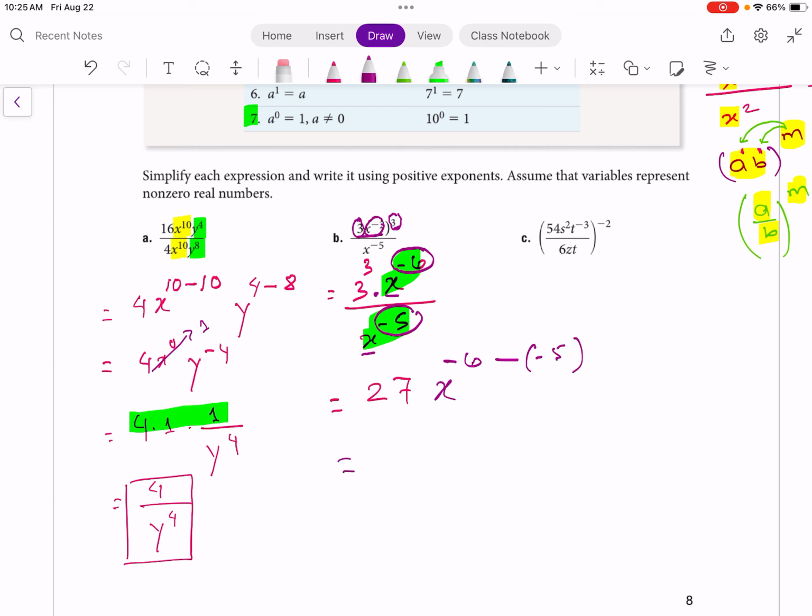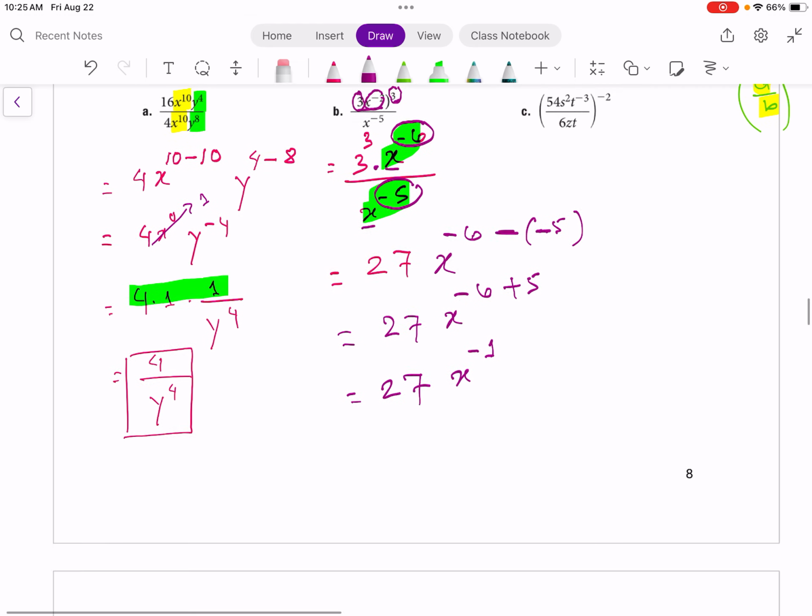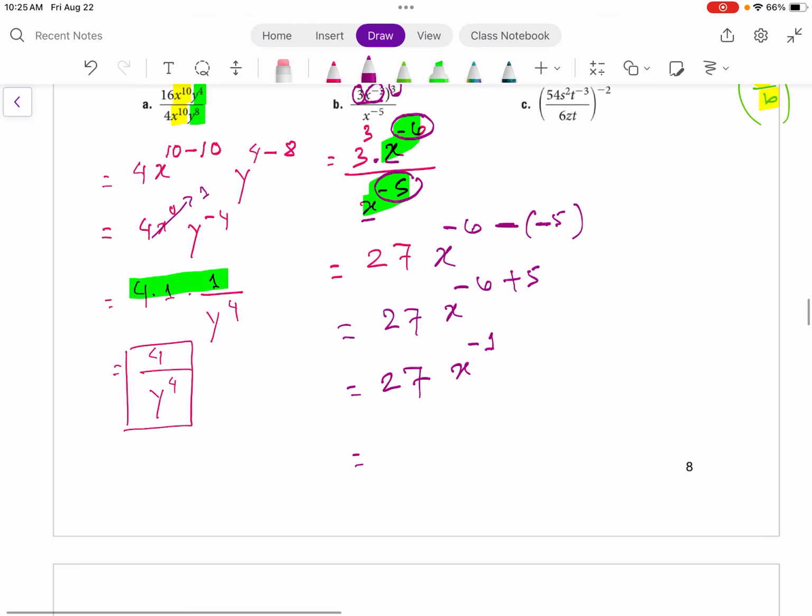This is 27 x to the power minus 6 minus (minus 5), that is positive 5, so 27 x to the power minus 1. We don't want a negative exponent, so this goes to the denominator. So we have 27 divided by x to the power 1, which is simply x.